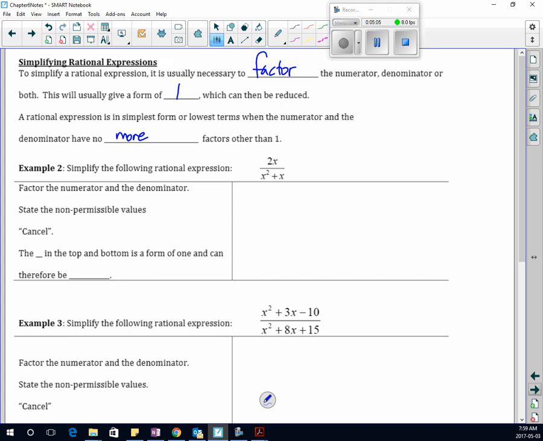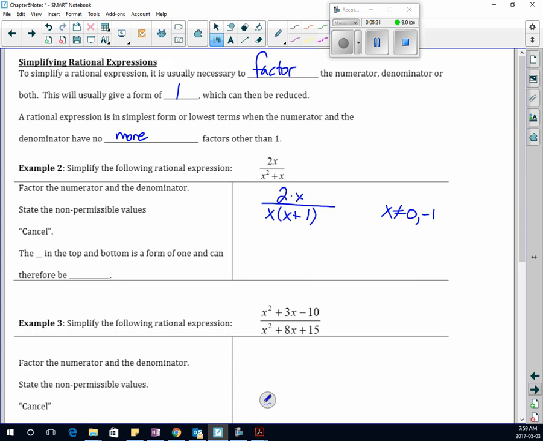Simplify the following rational expression. Factor the numerator and the denominator. State the non-permissibles. Cancel. Okay, so maybe we should do this in order. Let's factor the numerator and denominator. There's nothing really you can factor in 2 times x, I guess. And then you can factor out a GCF, x times x plus 1. So now you can see this, and you can say that x can't equal 0 and negative 1.